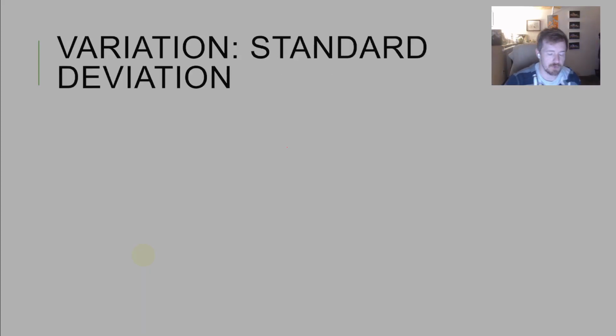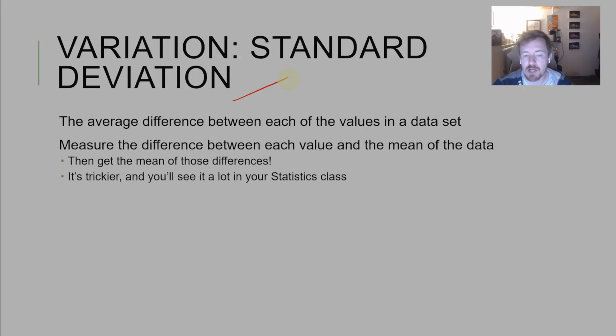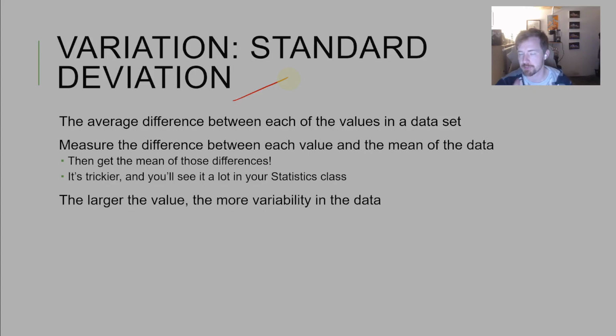All right, so standard deviation. Standard deviation is a super common way of talking about variation, but you're not actually going to calculate it in this class. It's something you'll learn in chapter 3 or 4 of stats next semester. But you're going to see standard deviation come up a lot, now that you're starting to have language for data. Standard deviation refers to the average distance between different values in your data set.